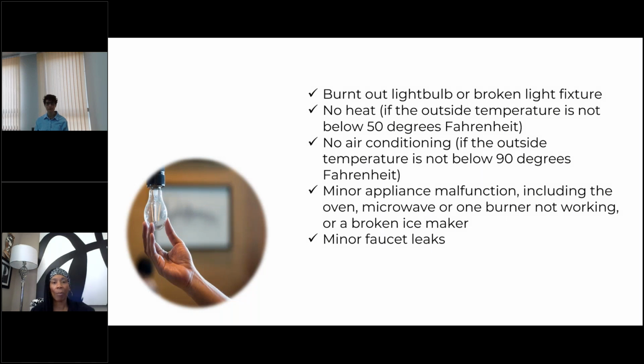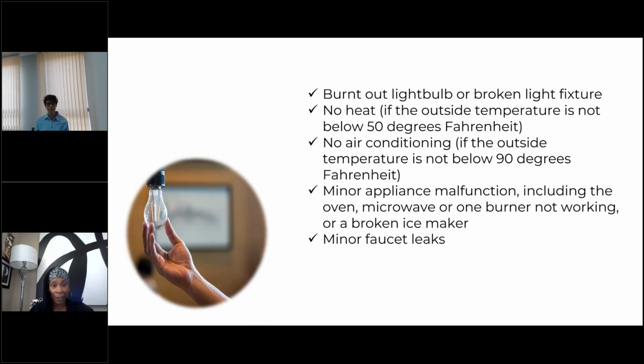So we're going to talk about what is considered a non-emergency. Again, this is just a small example. Burnt-out light bulbs, broken light fixtures. If there's no heat but the outside temperature is not below 50 degrees, again, the example I'm using is for the state of Missouri, so go back and read the rules for your state.